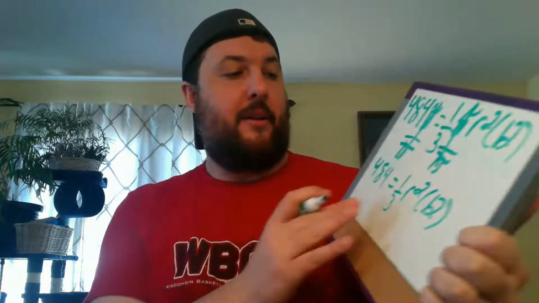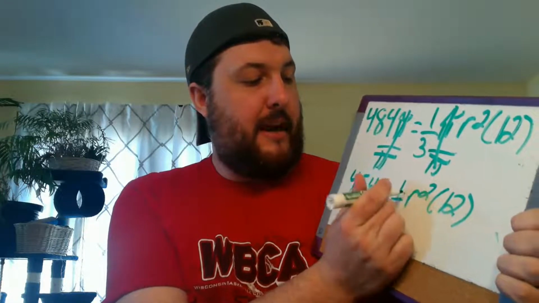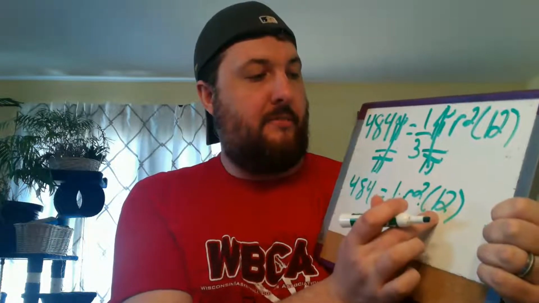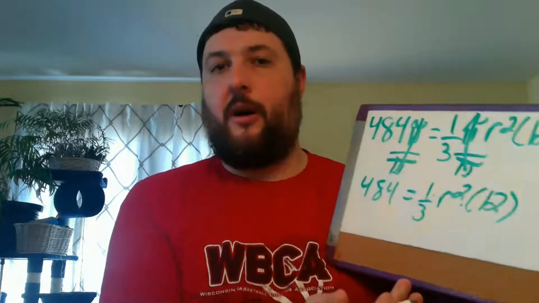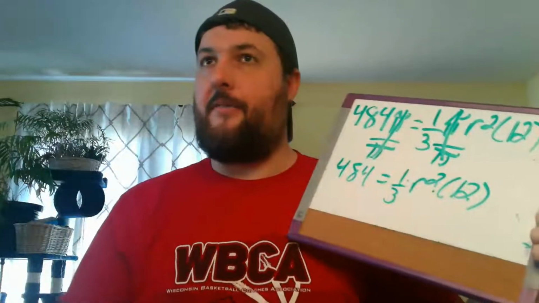The next step: on the right side, this is all multiplied, so it doesn't matter what order you multiply in. I did 1/3 times 12. In other words, I did 12 divided by 3, because with a cone you end up dividing a lot by 3.